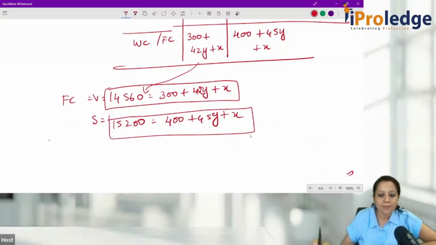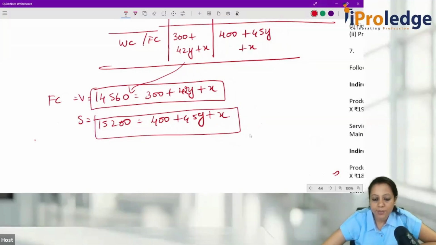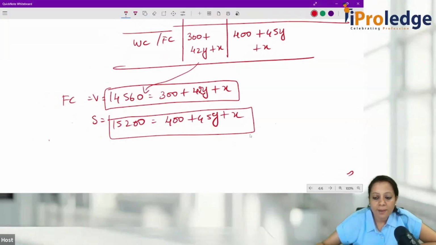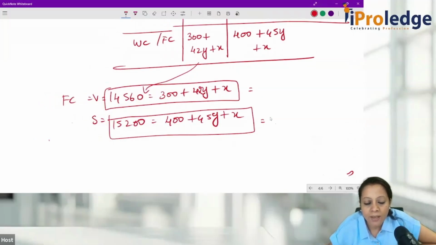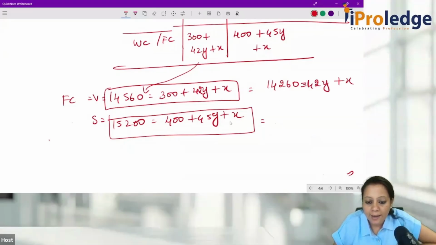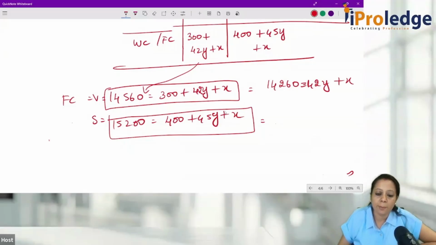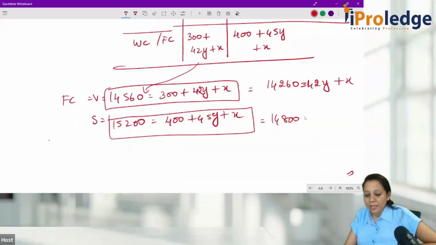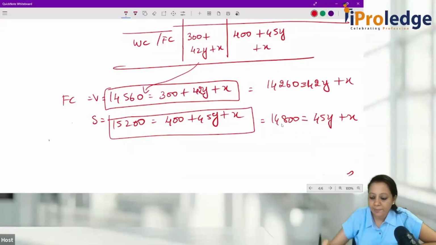Shall we proceed, my dears? So now I will rewrite the equation by grouping all the numbers to one side. So can I say 14,260 is equal to 42Y plus X. And this is equal to 15,200 minus 400, 14,800 is equal to 45Y plus X. Everyone got it?